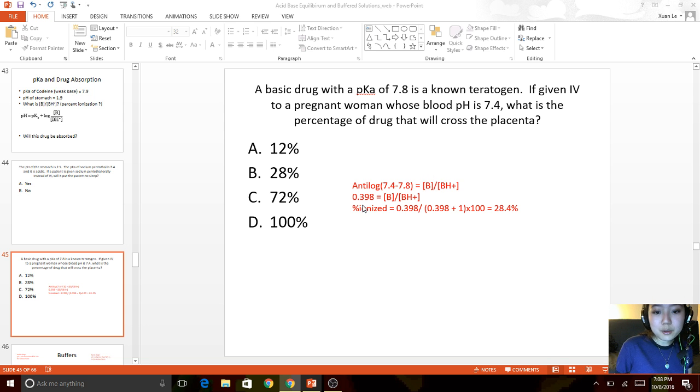That's going to be 0.398, and then to find the percent ionized, that should be percent unionized, I'm sorry. It's just going to be the unionized over unionized plus the ionized times 100, and so that's going to be 28.4% of the unionized drug passing through the placenta.